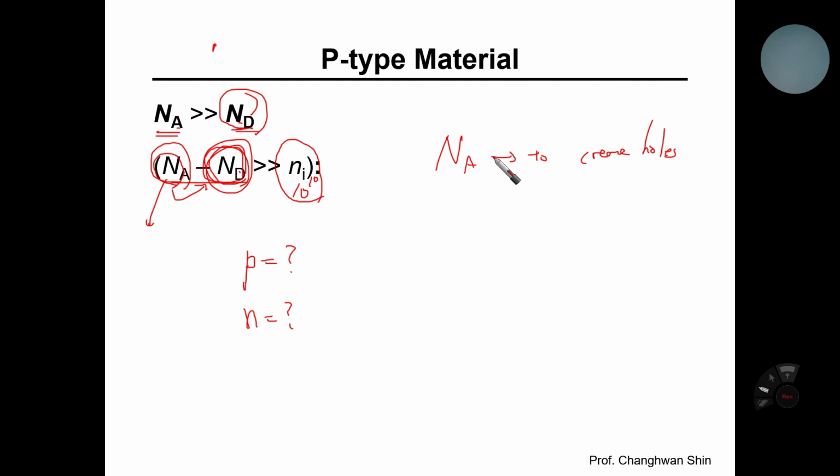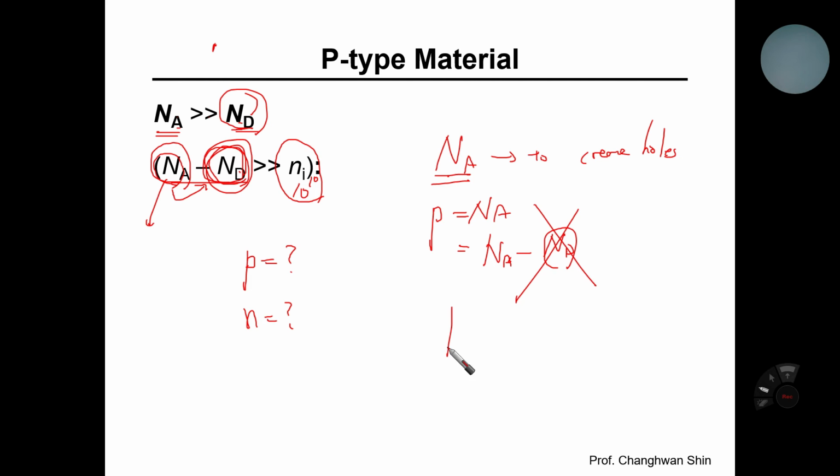How many holes can we create from Na? As we have learned, a single acceptor will create a single hole. So the hole concentration should be identical to the acceptor concentration. Technically speaking, Na minus Nd is the more exact form. However, Nd is much smaller than Na, so we can ignore the Nd term.